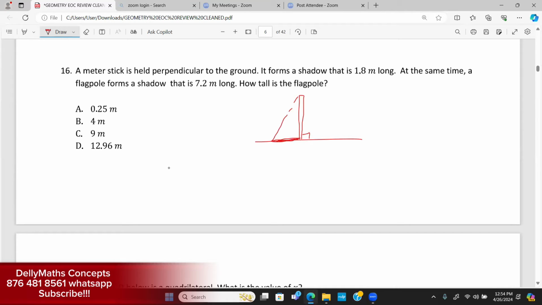We're told that this shadow is 1.8 meters long. At the same time, a flagpole forms a shadow 7.2 meters long. How tall is the flagpole?